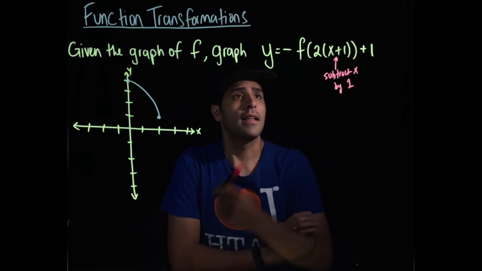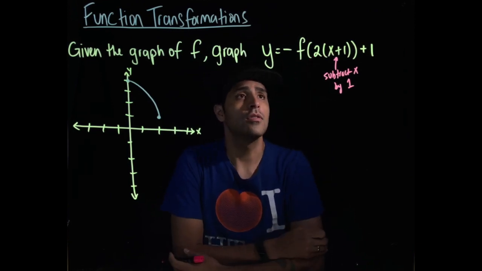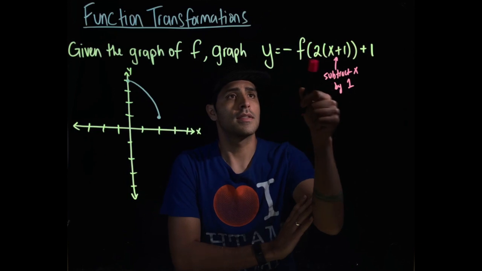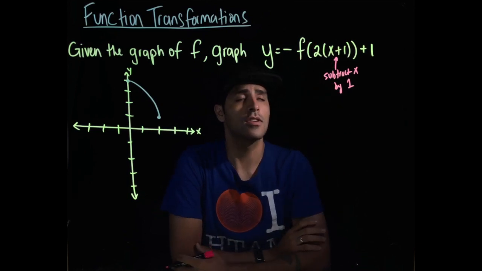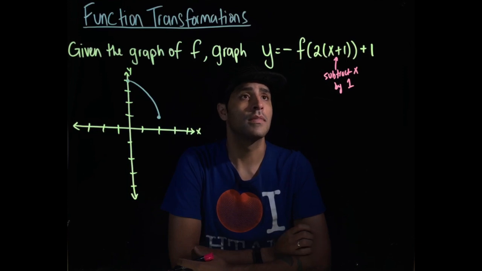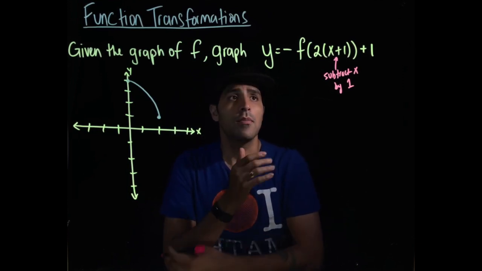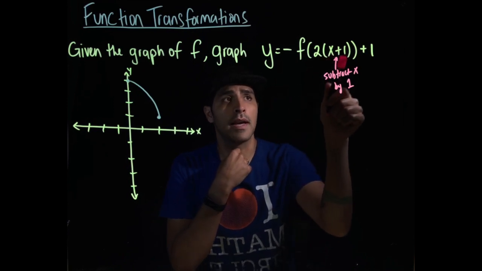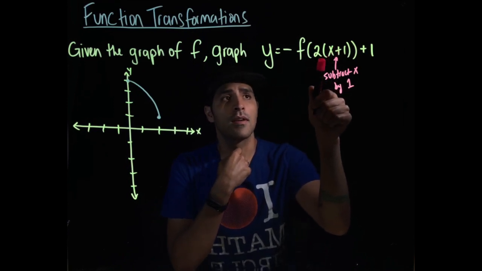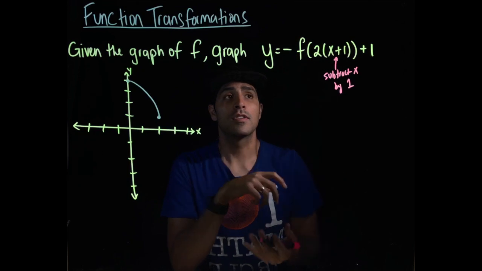Then we look at this other one here, the number 2, and we notice that it's inside the parentheses of my function, so it's also going to be a horizontal transformation, in this case a horizontal compression. It's tricky though because you see the 2 multiplying with the x, but remember it's going to do the opposite.